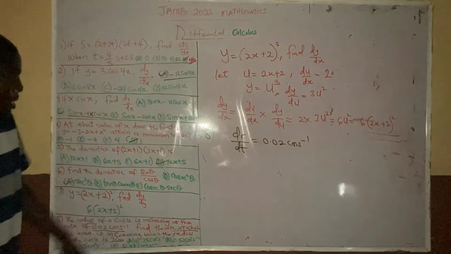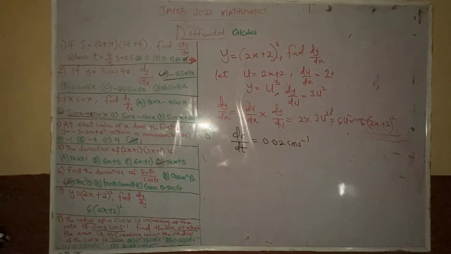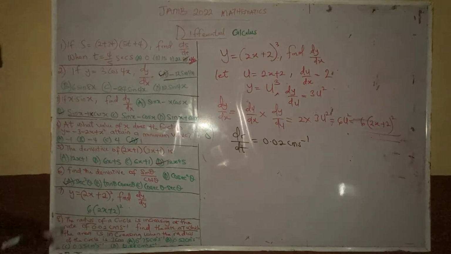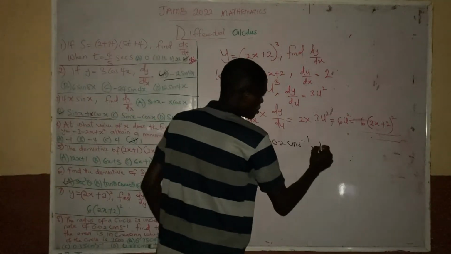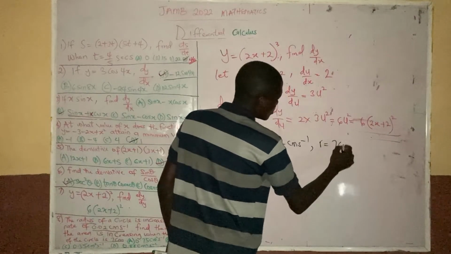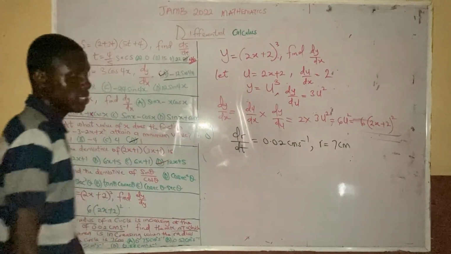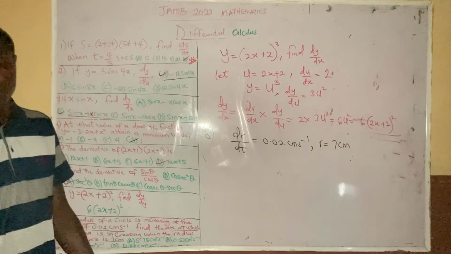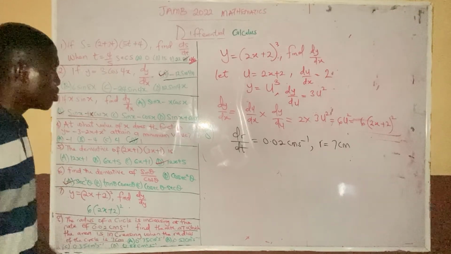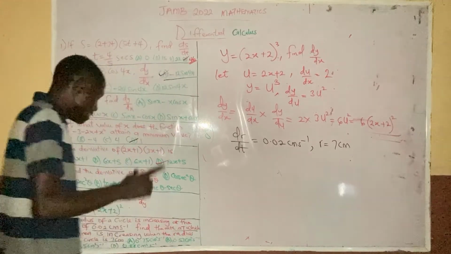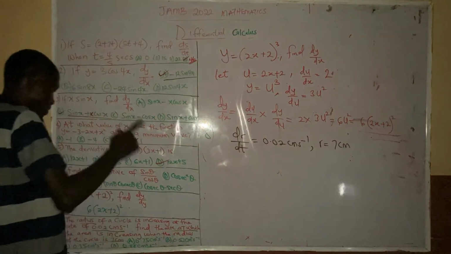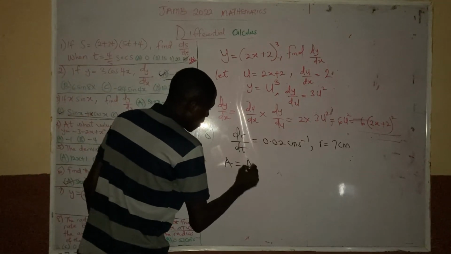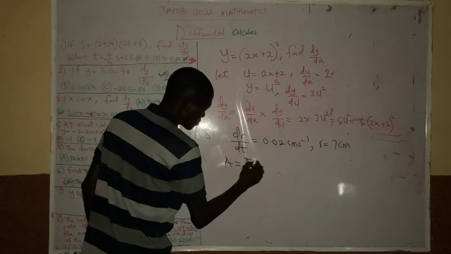So what would be the rate at which the area of the circle is increasing, if the radius is 7 centimeters? How do we go about this one? We have to find the rate at which the area is increasing. The area of the circle is pi r squared.